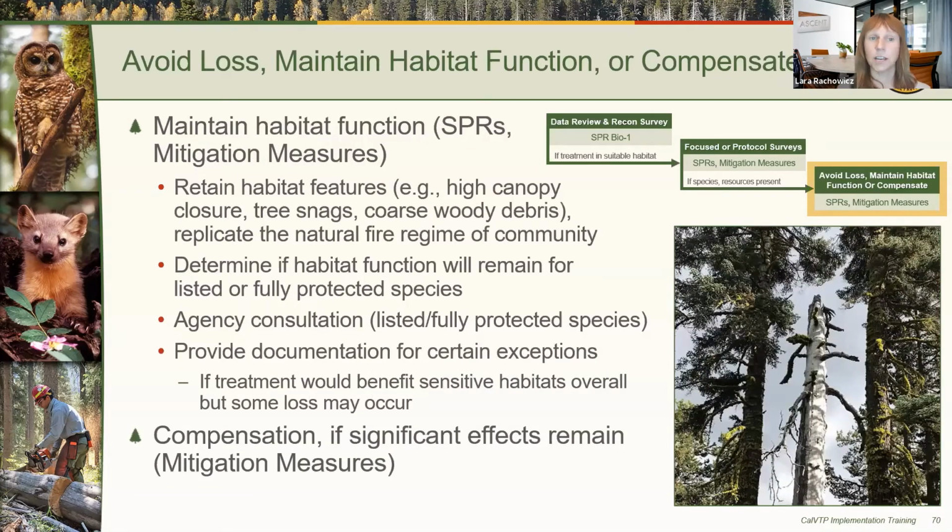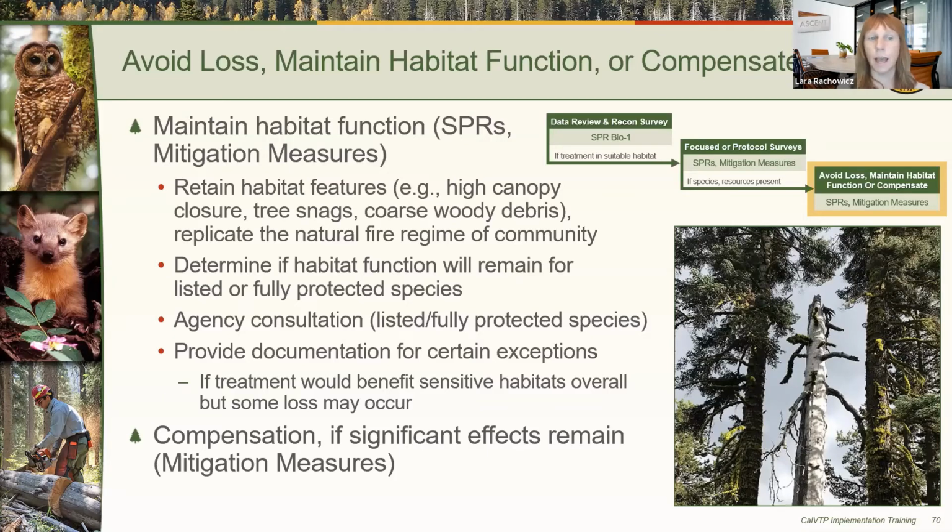The mitigation strategy also requires that treatments are designed to maintain habitat function for special status species and for sensitive habitats, such as chaparral and coastal sage scrub, sensitive natural communities, oak woodlands, riparian habitat, wetlands, and ESHA.